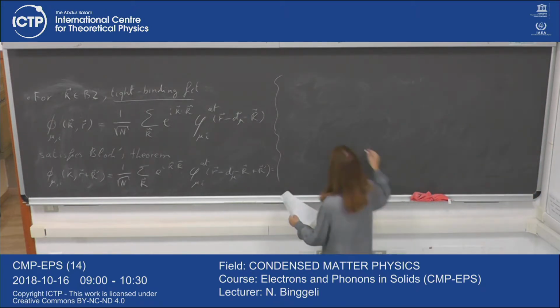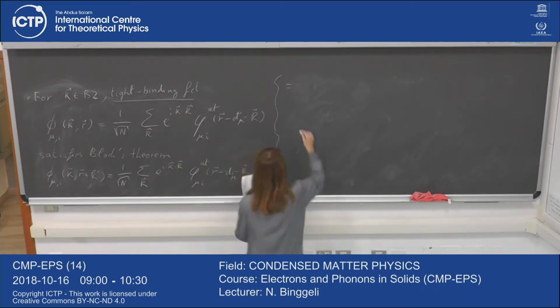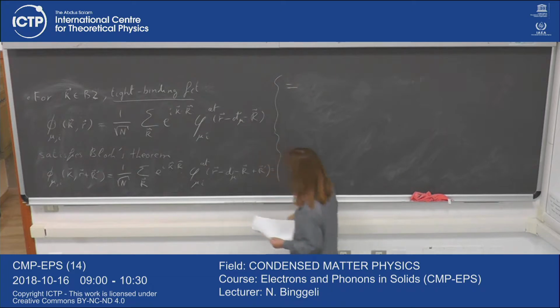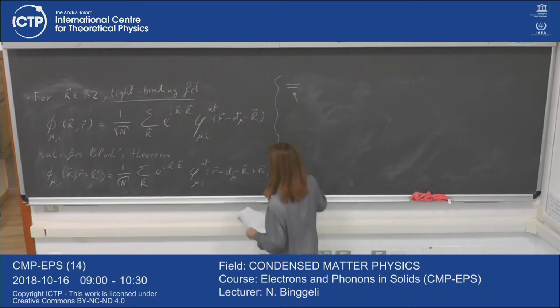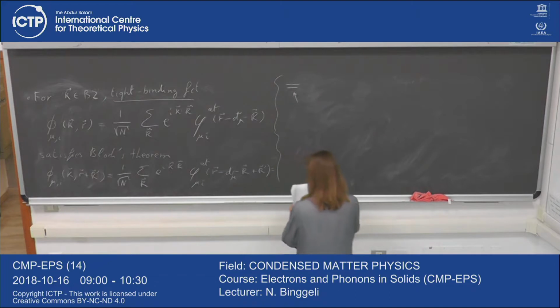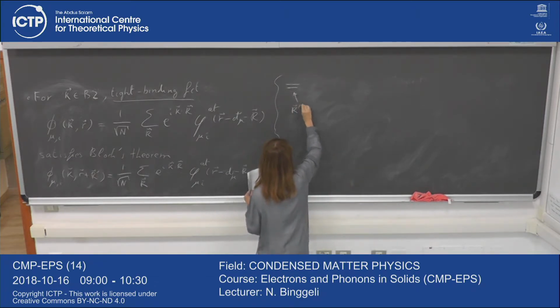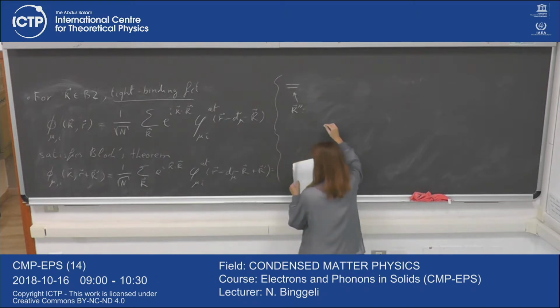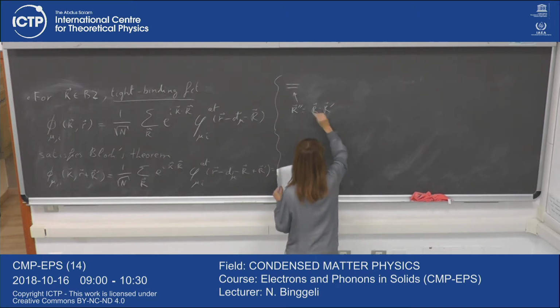I continue here, and I will now use a change of variable. I will call r second prime the quantity r minus r prime.